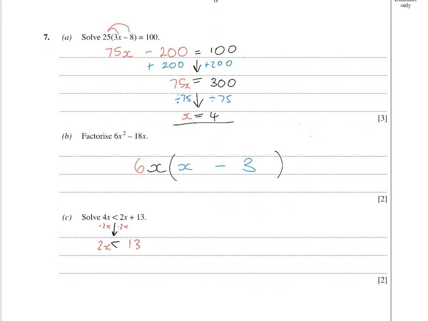And then I'm going to divide both sides by 2. Sorry, inequality sign there. And then that is going to give me x is less than, I'm just going to leave it as 13 over 2. Now you do have a calculator, so you could write it into your calculator if you want. You could say x is less than 6.5, but both of these answers, this one here and this one here, will get you the full 2 marks.